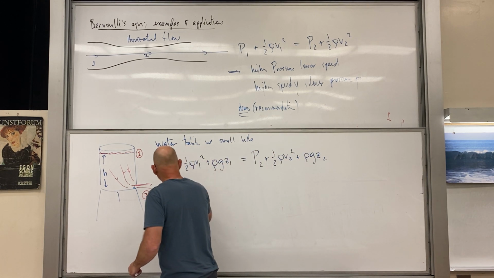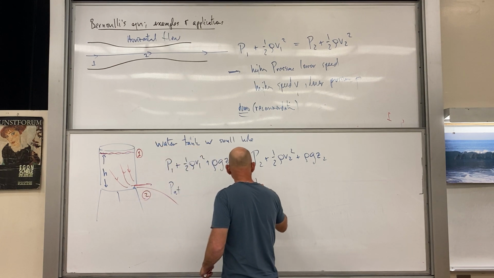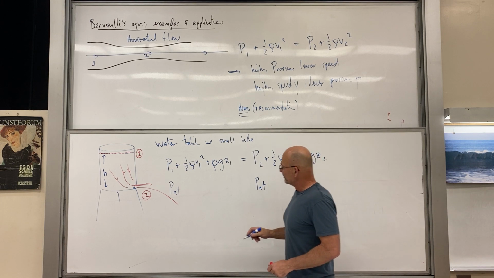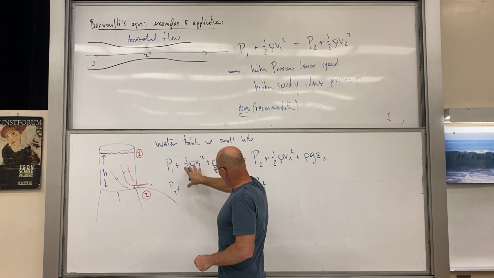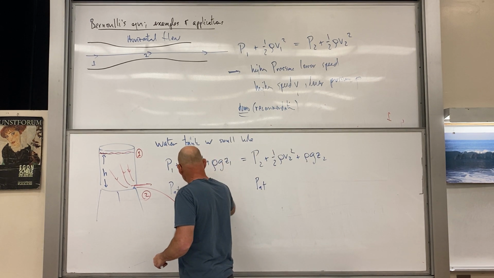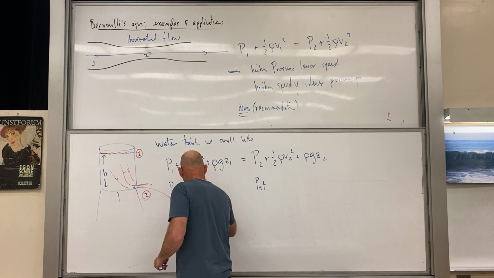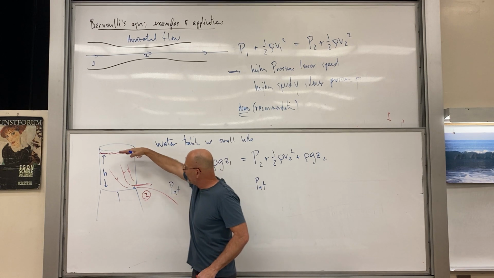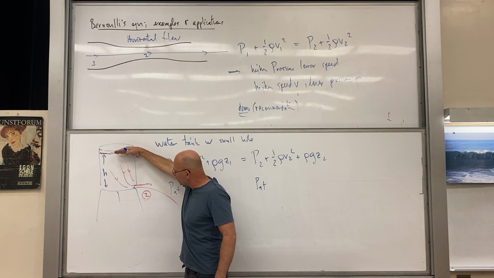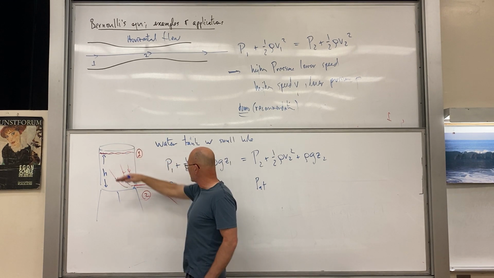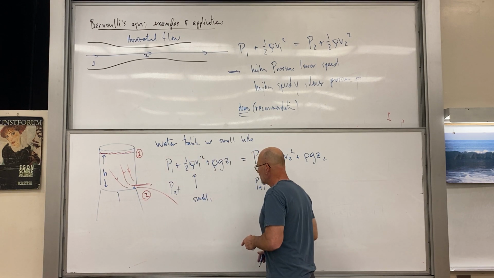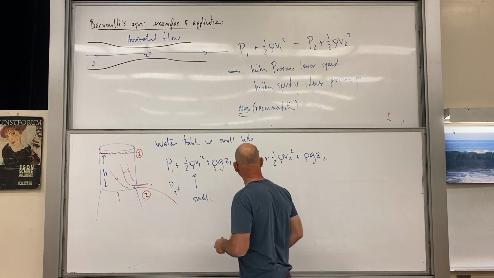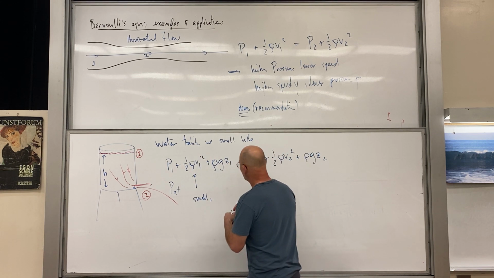So we have atmospheric pressure on both of these, they go away. Then we have a 1/2 rho V1 squared. This is going to be very small because the speed up here is basically the speed with which the water line is lowering. So small enough to be negligible.